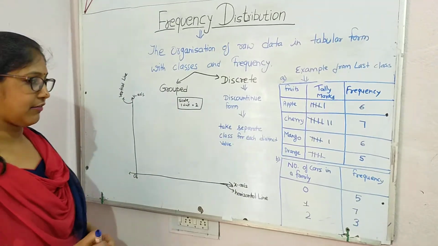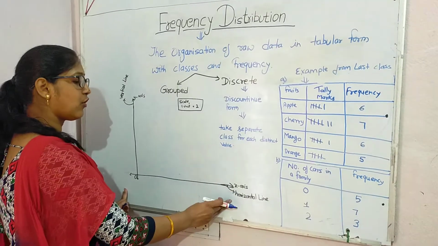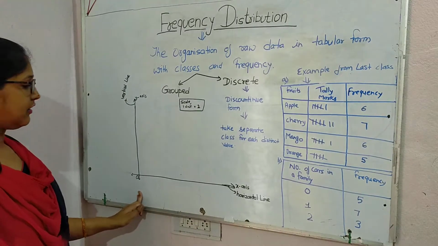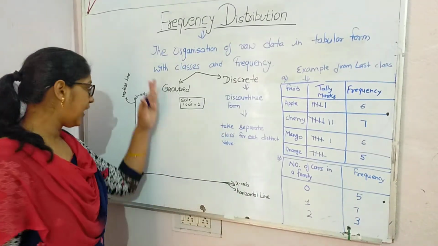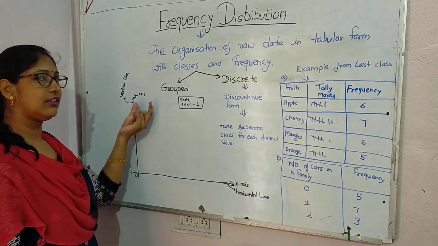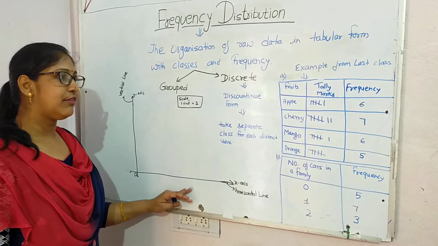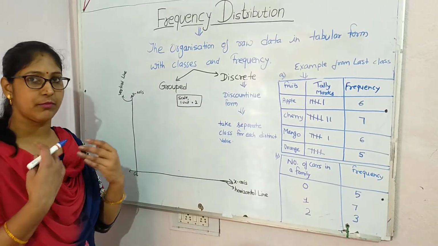For making a bar graph, first we have to choose two lines. One line is horizontal and one line is vertical. Basically, for the horizontal line we consider the x-axis and for the vertical line we consider the y-axis. On either line we can represent either fruit or frequency. It depends upon us.